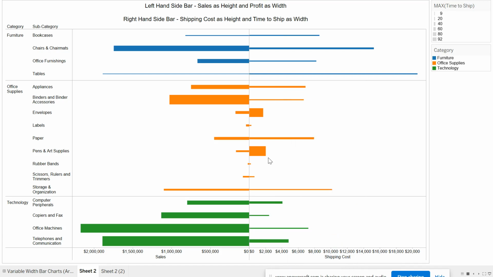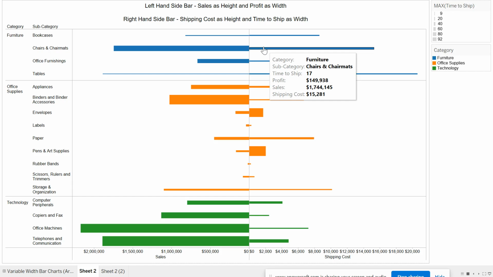So here in the chart on the left hand side, we are able to see the sales and profit made by the category and the subcategory. On the same bar on the right hand side, we can see the shipment cost and the time taken for this shipment in terms of days.